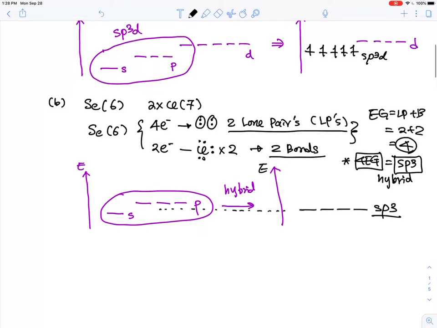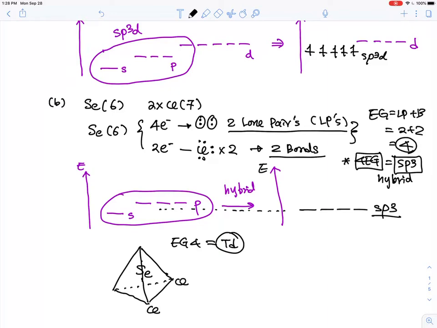And then selenium-wise, 4 EG means tetrahedral structure. So it looks like this. Selenium is in the center, and then you have 2 chlorine up there, and then 2 lone pairs. So this is how it looks.